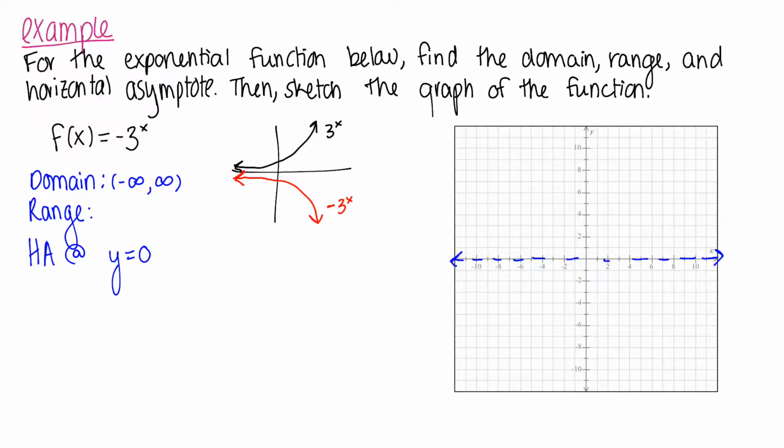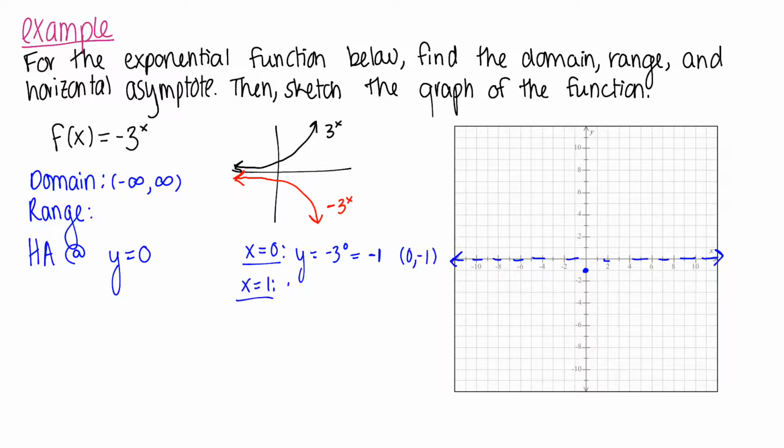And we're probably going to want to plug in some x values. On Alex, you're going to need to plug in at least 2 x values, but I'd say 3 is a more appropriate number. So we'll start with x equals 0. If you plug in x equals 0, you're going to get y is equal to -3 to the 0. So that's negative 1. So this is the point (0, -1). And what you're going to notice is that the intercept ends up always being 1 unit away from that horizontal asymptote.